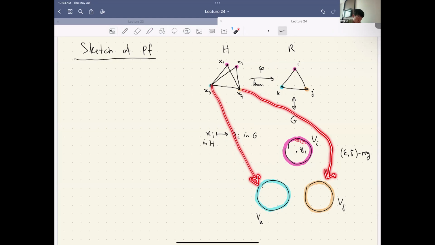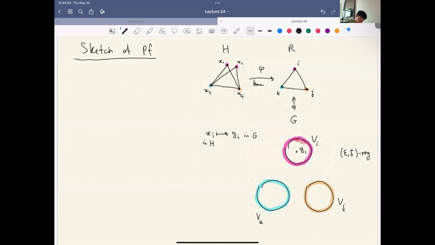And since we already mapped x1 to y1, and since x3 and x4 are adjacent, they are neighbors of x1, the image y3 of x3 must lie in the neighborhood of x1, and so must x4.